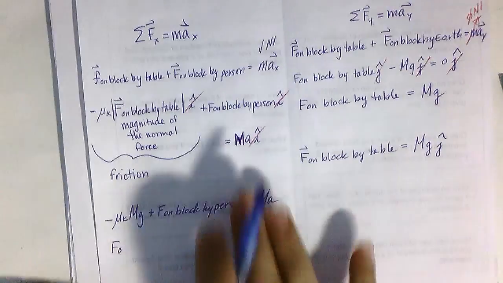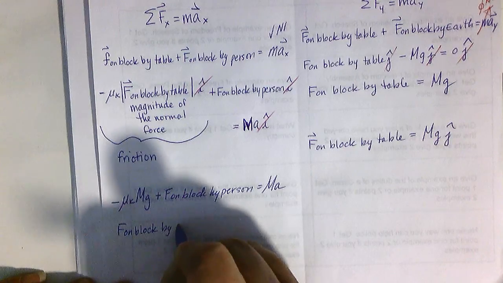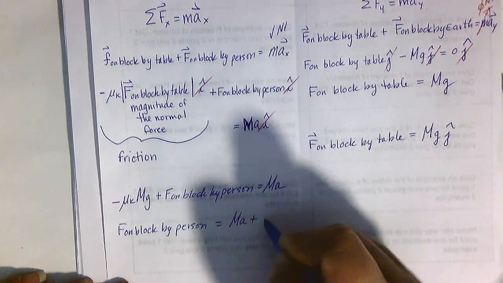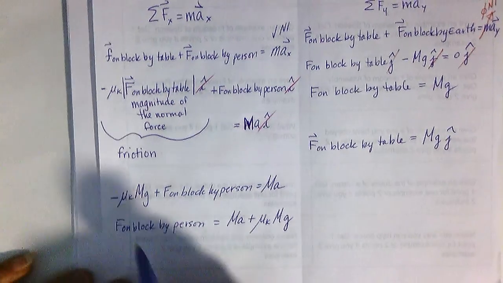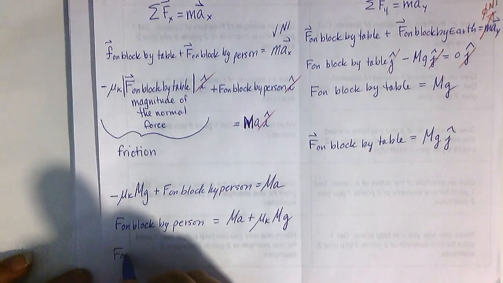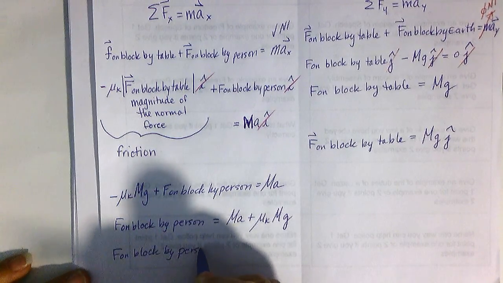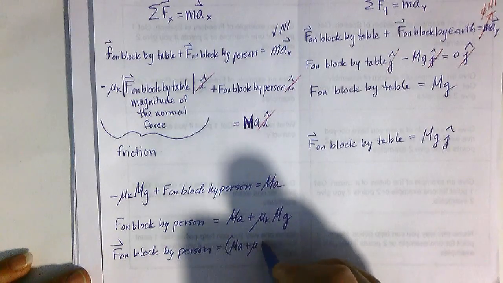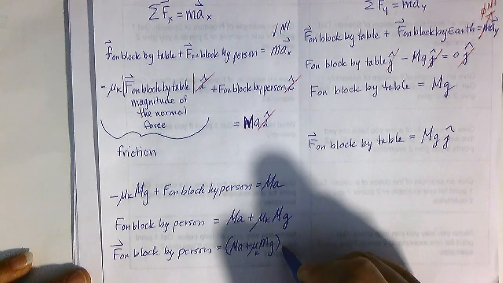So force on block by person is equal to ma plus mu sub k mg. Now, giving it a direction, it's equal to ma plus mu sub k mg i hat.